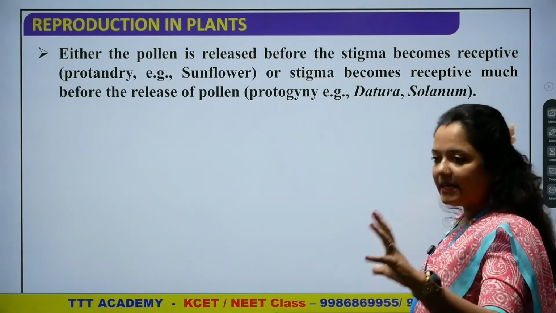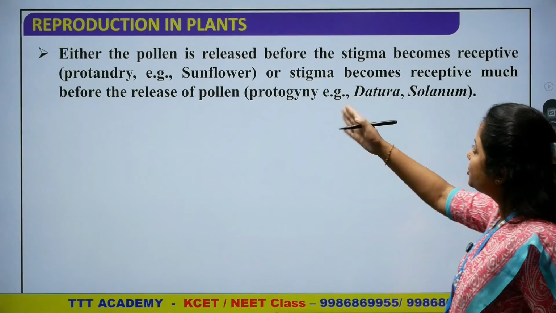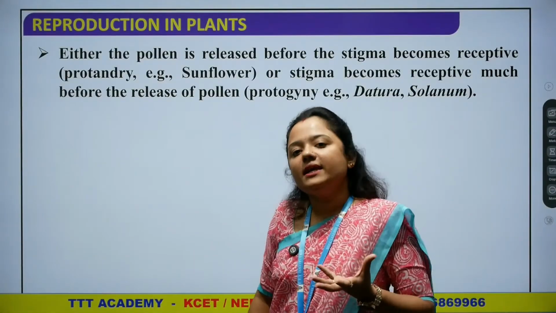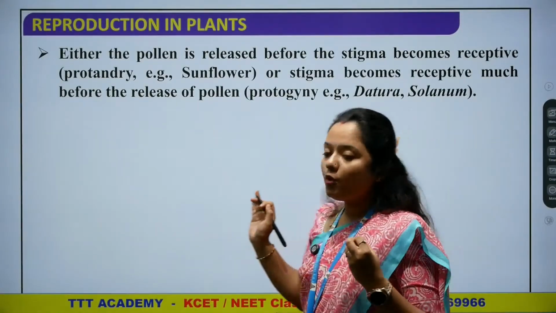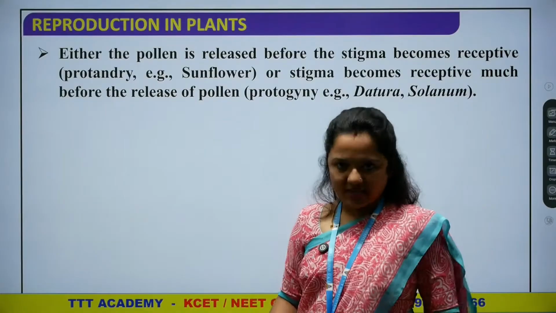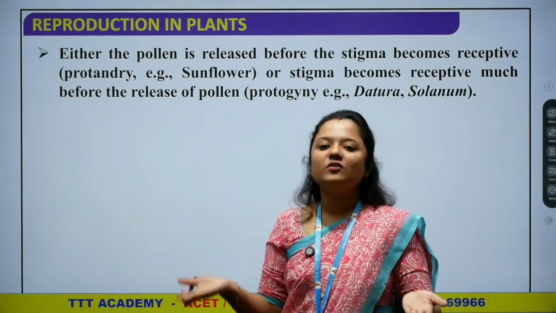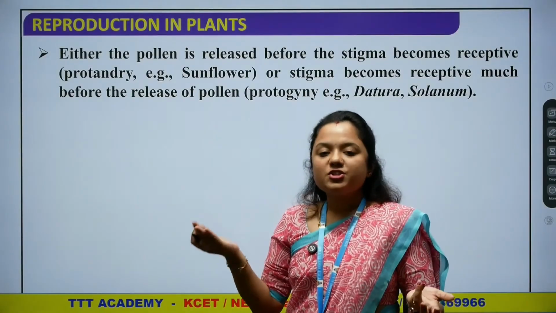Or an alternate condition could also take place, where the stigma is receptive. Stigma will be ready, but the release of pollen grains is not seen yet. There is a difference in time of release or difference in time of maturity.